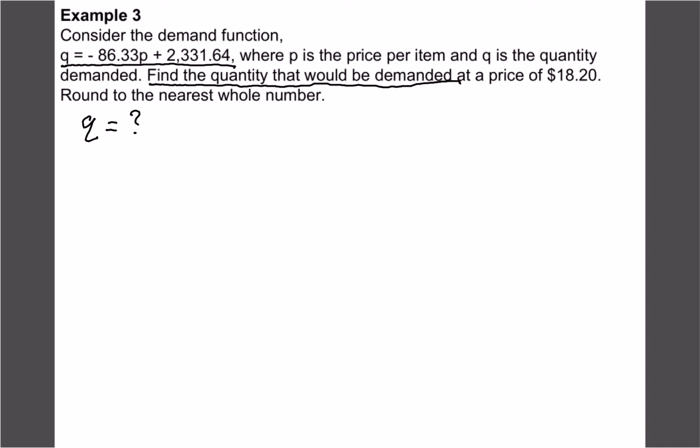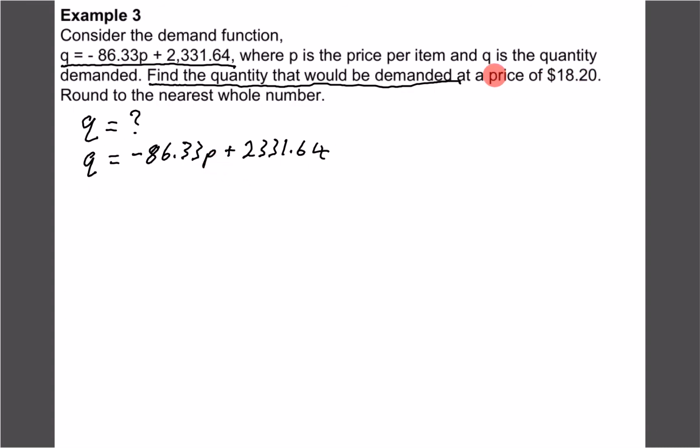So that will give us Q equals negative 86.33p plus 2,331.64. Now, remember, we are looking for Q. We don't know the value of Q, but for you to know the value of Q, you must first know the value of P. So we have to go back to the problem and see, does it give us P?